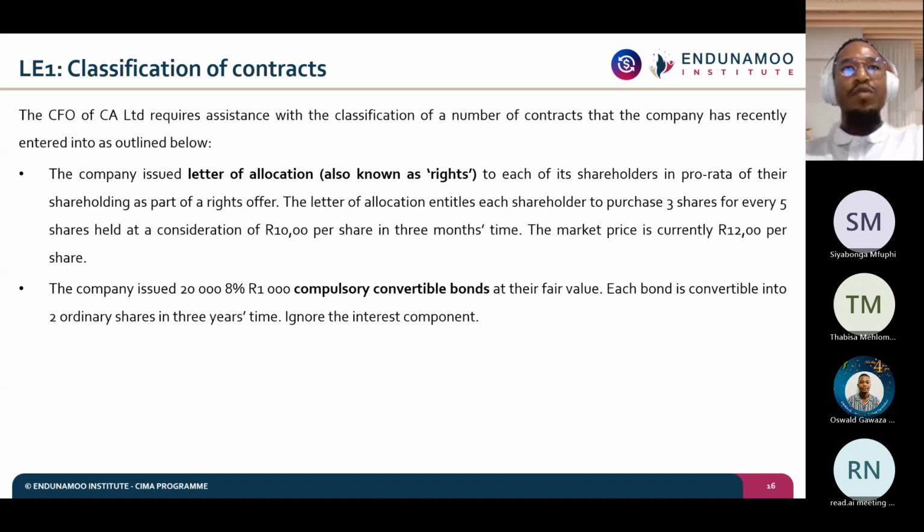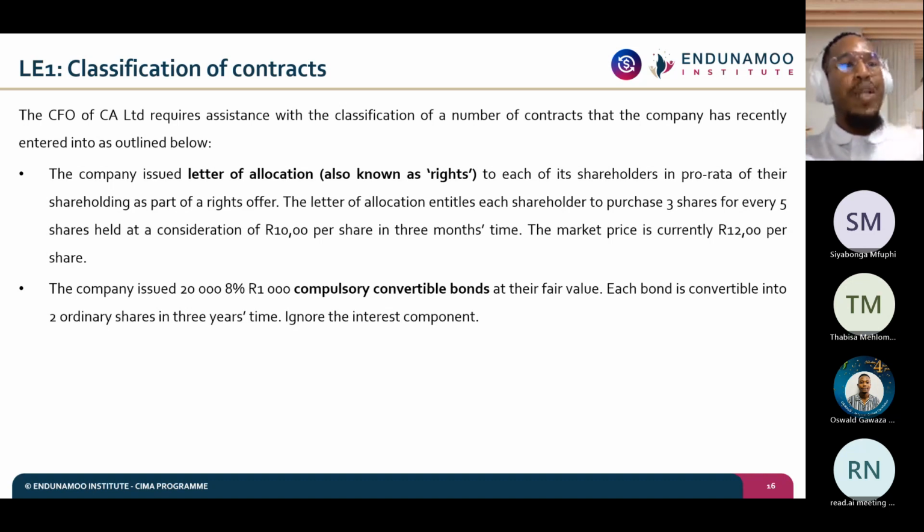Each bond is convertible into 2 ordinary shares in 3 years' time. So what has happened here is, as a company, let's say you are CA Limited, you have issued to me bonds. So the 20,000 speaks to the number of bonds.